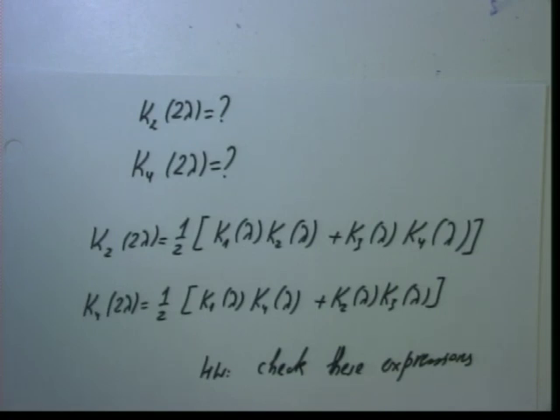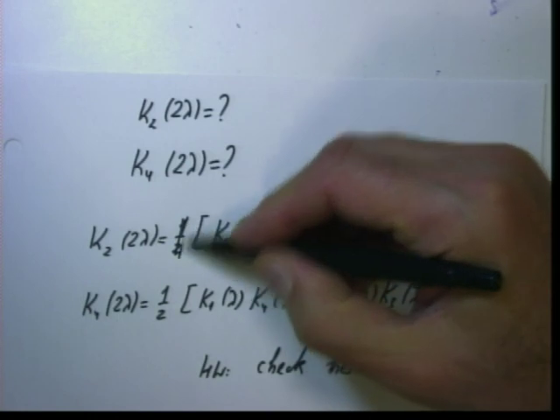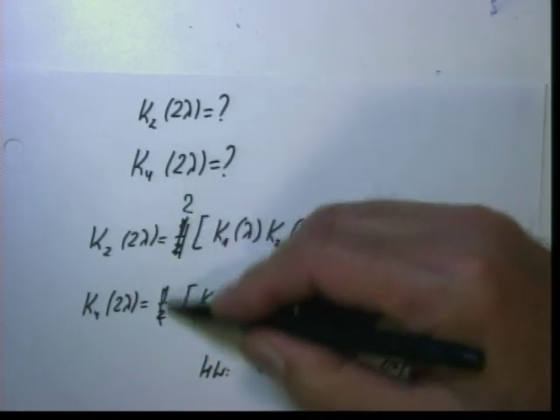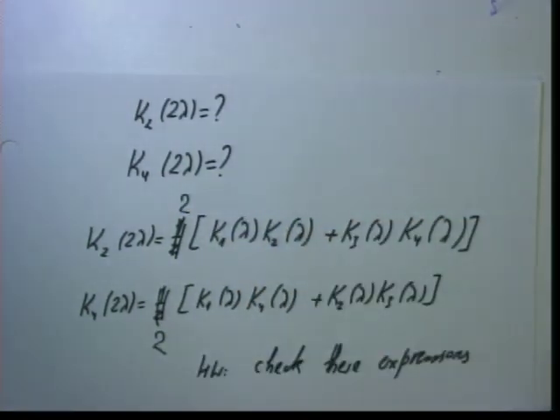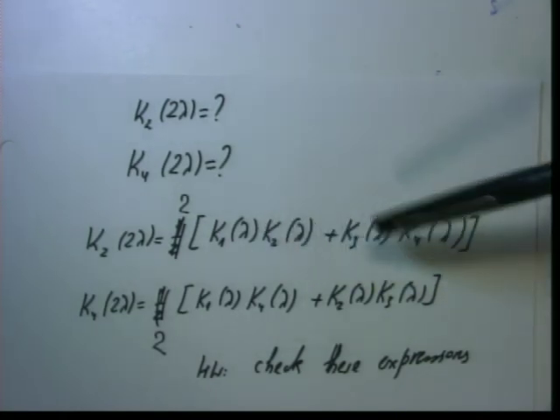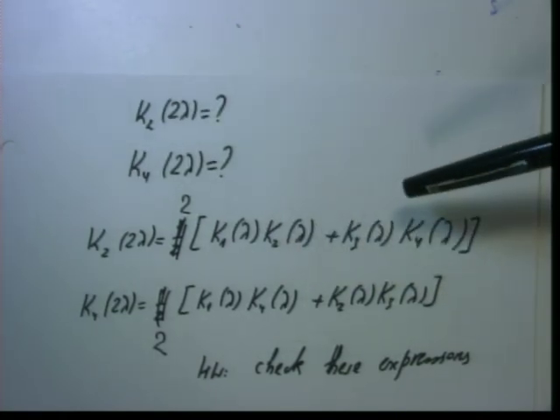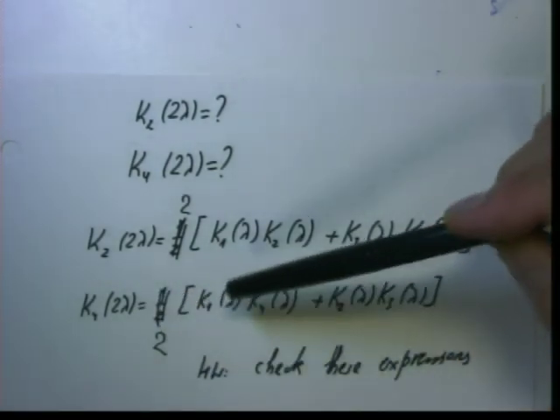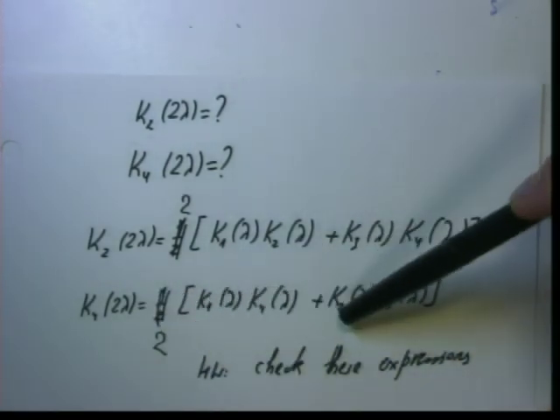I think that here should be not 1/2, but 2. 2 times K1 lambda, K2 lambda, K3 lambda times K4 lambda. K4 2 lambda equals 2 times K1, K4, K2, K3.